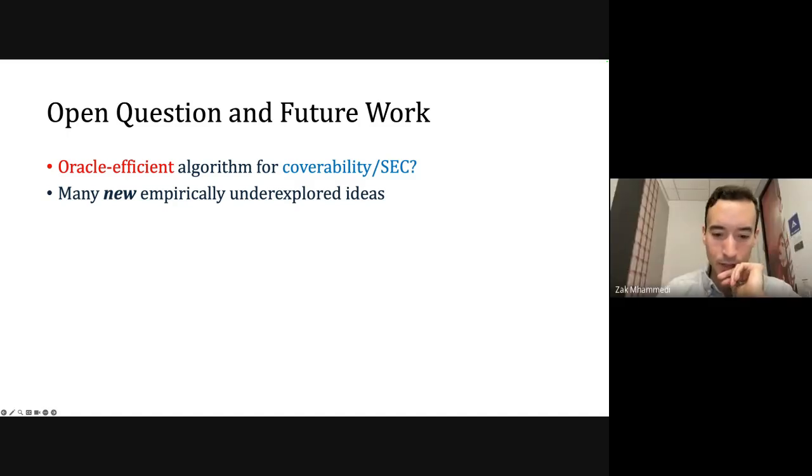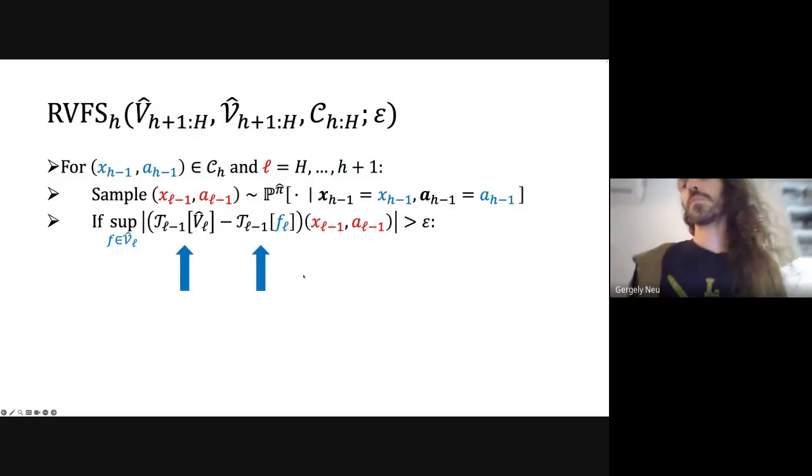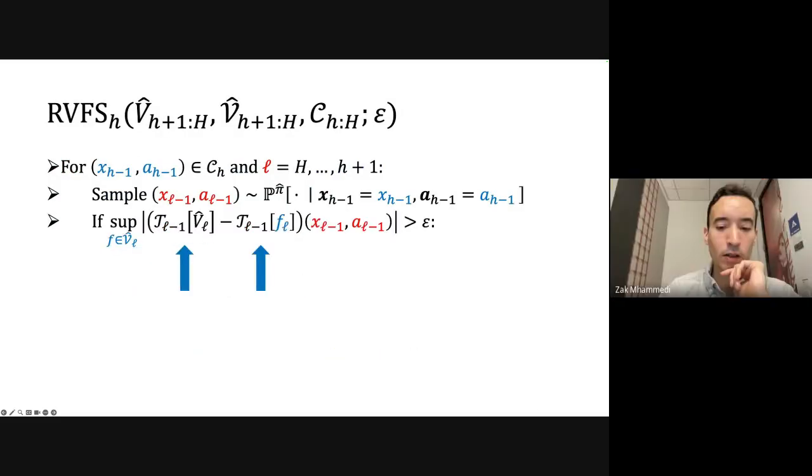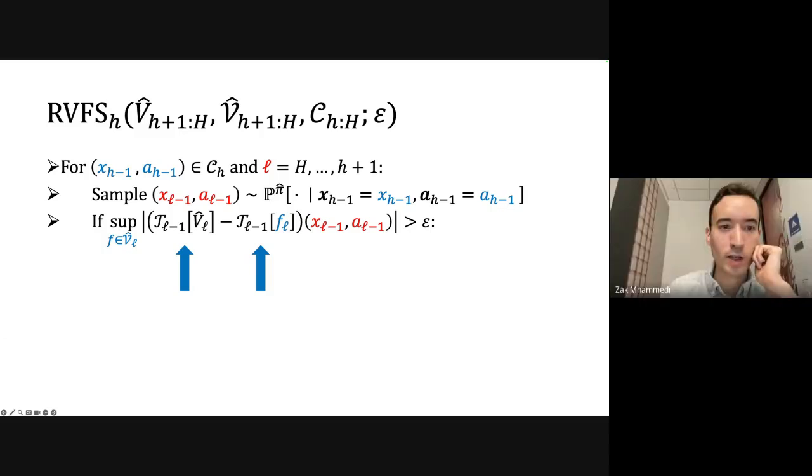Okay, let's see. In a nutshell, see here how I said, whenever you have a state action pair that has a large threshold, then you add this state action pair to the core set.